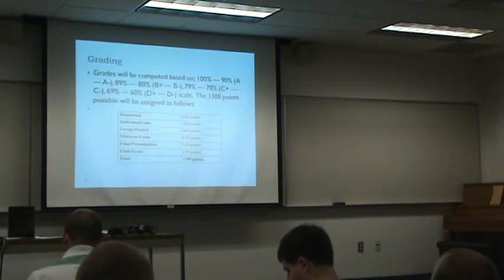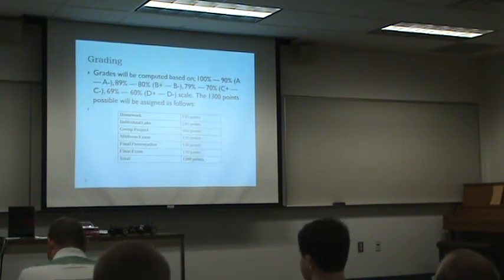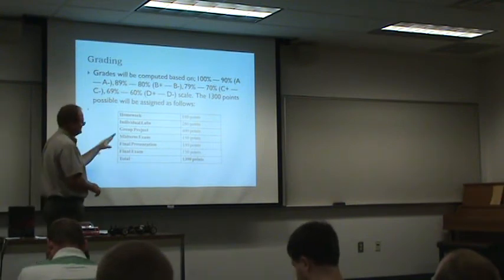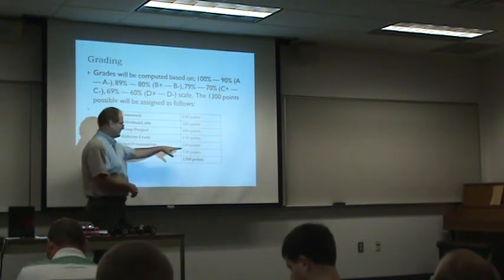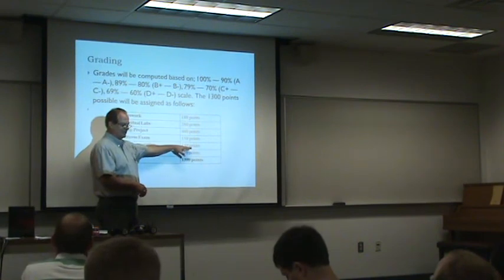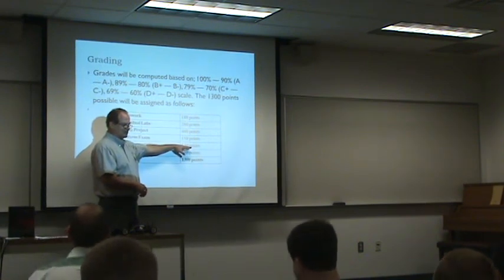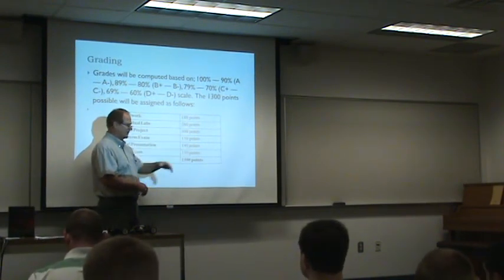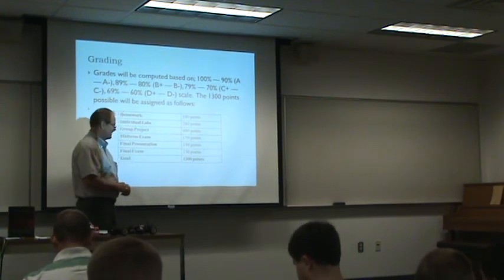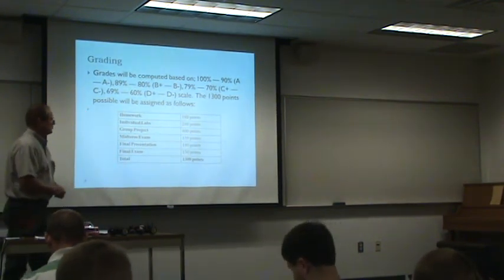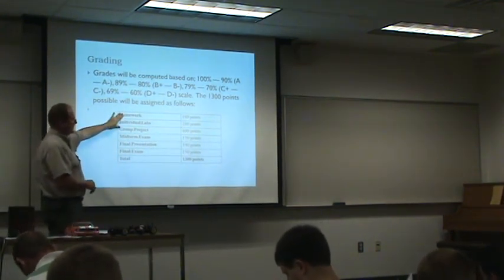Note about teamwork. This is basically where I wanted to get to. There's a breakdown of kind of the points. I think on your syllabus, this says 160. That's a typo. It should say 140. So if you want to correct that. So there's points for homework, there's points for individual labs.